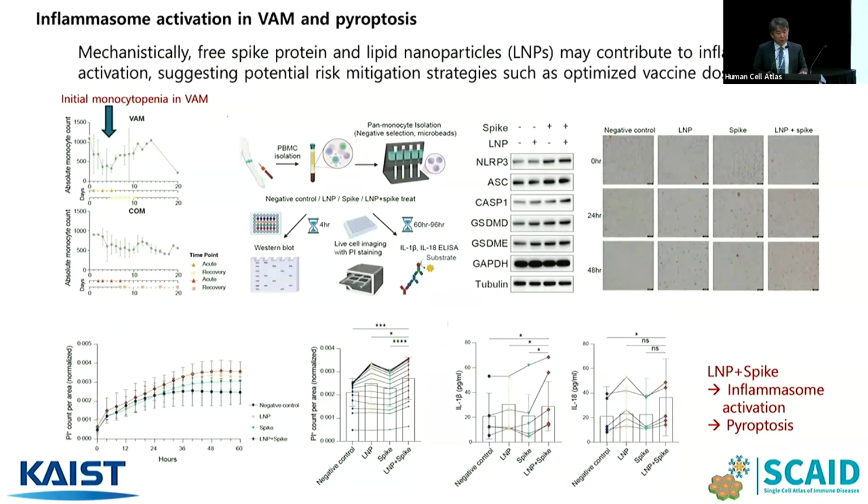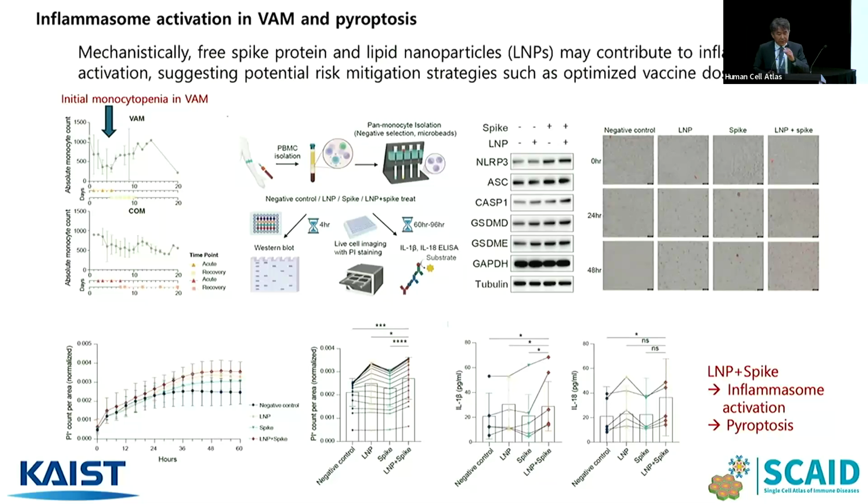And when they did some experiments, they applied the spike protein and LNP, and they found that the spike protein alone induces some inflammasome reactions, but when combined with LNP, it shows an additive effect.